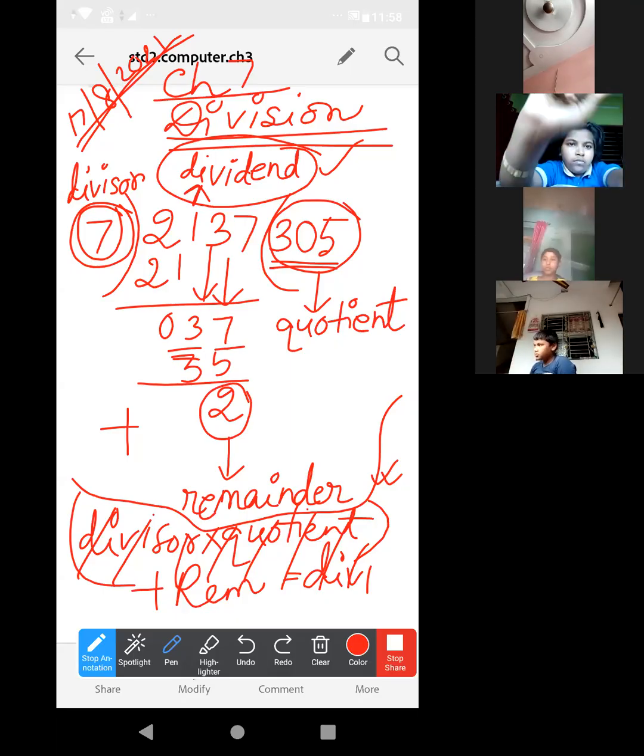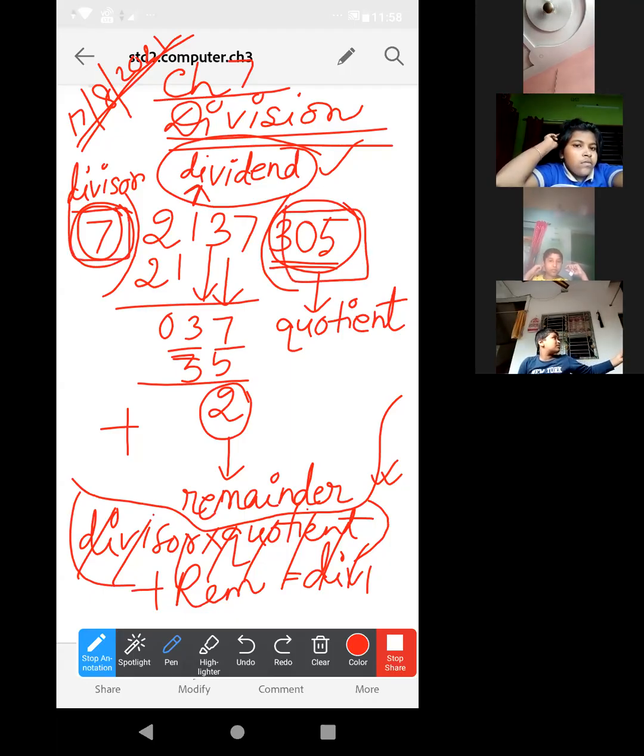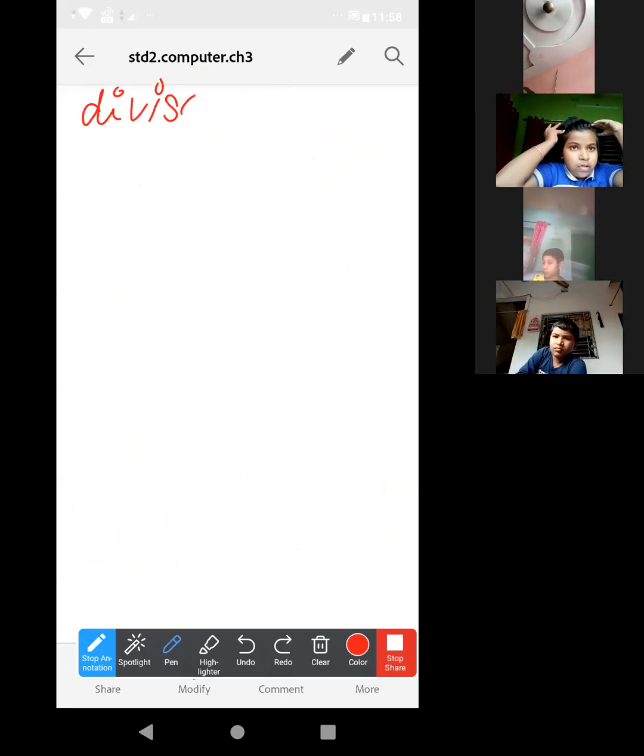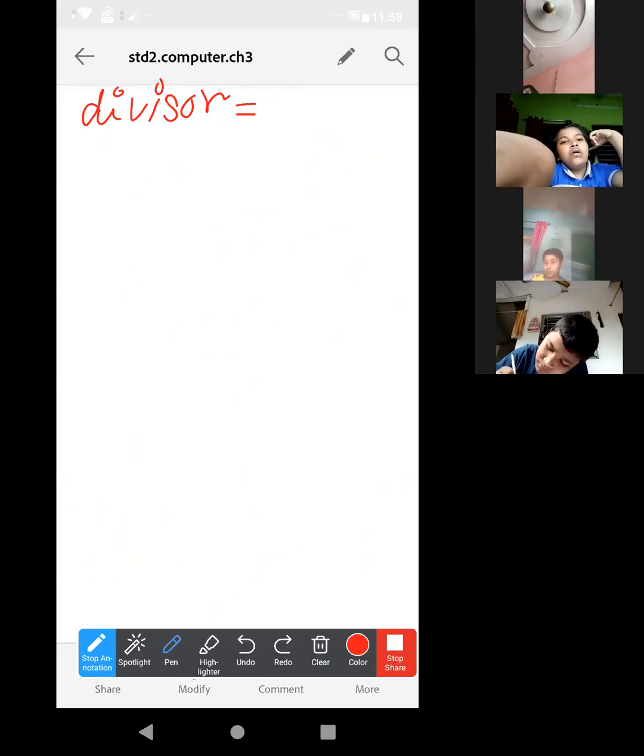Now let me erase this page. Here we have got divisor is this one, quotient this one, remainder, and this is dividend, right? So just write below it: divisor is equal to 7.